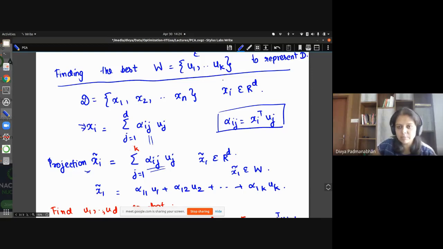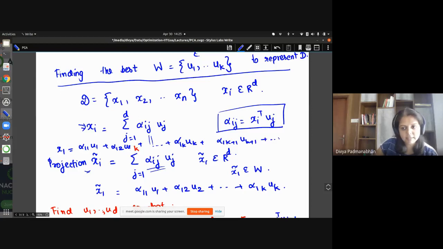Now in the original space, x1 was just alpha 11 u1 plus alpha 12 u2 plus so on plus alpha 1k uk, and also the remaining terms alpha 1k plus 1 uk plus 1 all the way till alpha 1d ud.